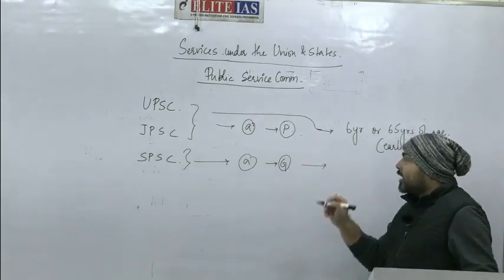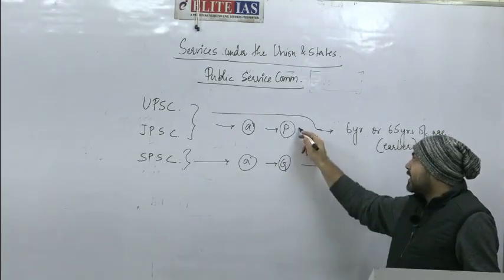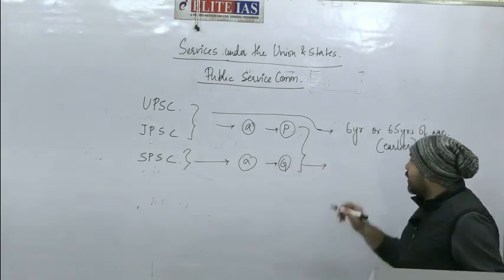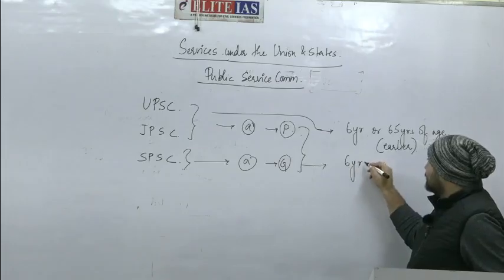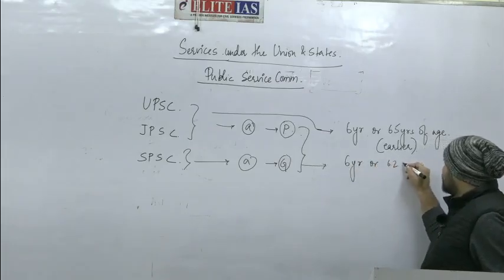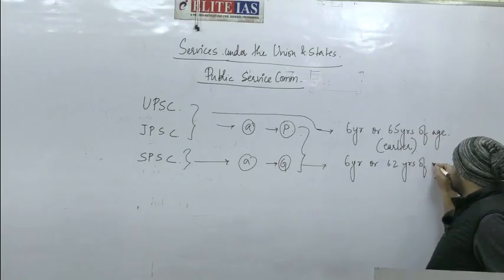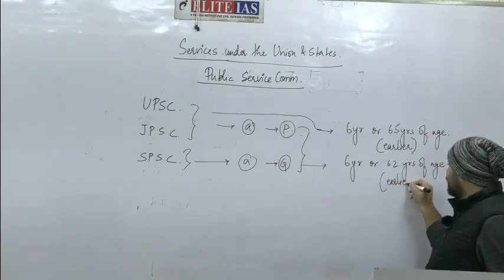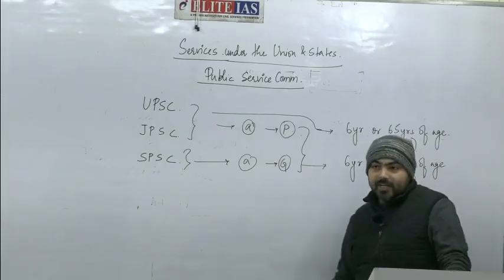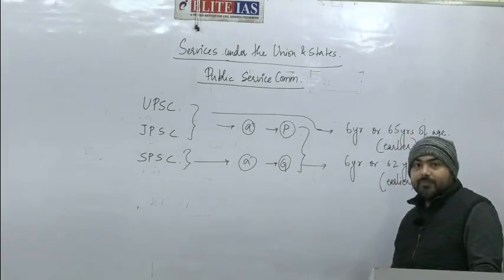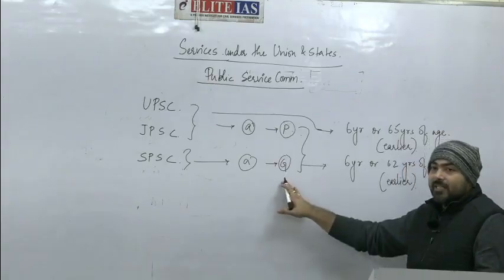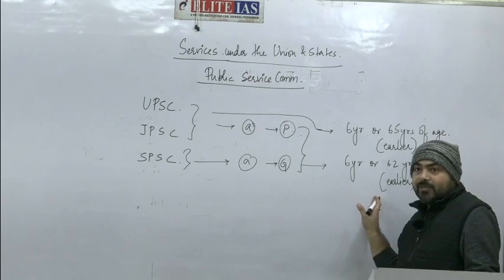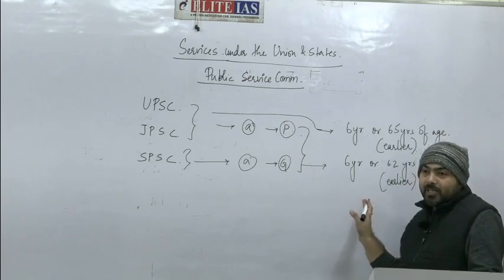A member of the Joint Public Service Commission and State Public Service Commission has a tenure of 6 years or 62 years of age, whichever is earlier. Clear? So appointment is done by the concerned authority, and the term of service has also been mentioned in the Constitution.